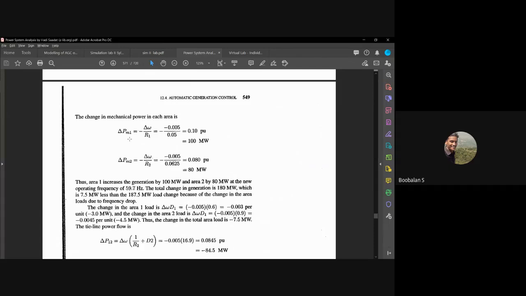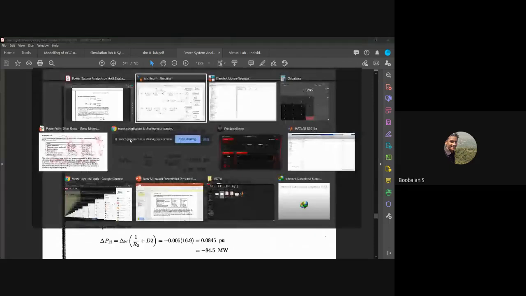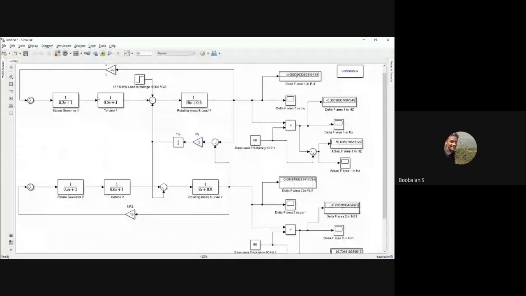The change in frequency, now bringing the steam governor, just multiply with this gain value. We'll see this change in power actually from the turbine, change in power. We'll see the change in frequency. I'm just going to once again verify that with the theoretical calculation. I need a display.